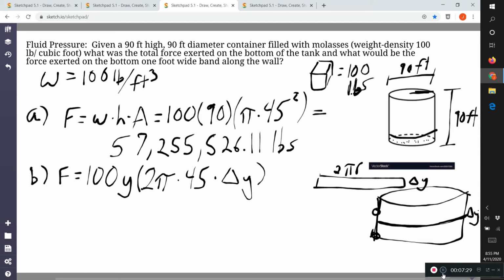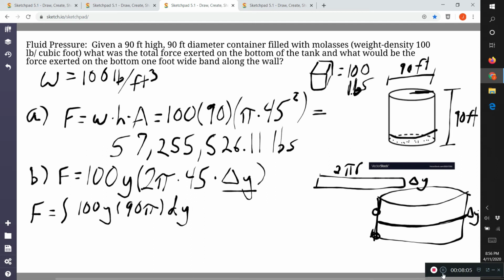Because remember, if you visualize it, if you go around and take that band off, that thin ribbon, and cut it, you could turn it into a rectangle. And the distance around the circle, the circumference, would be the length of that rectangle. Because it has a delta y, we're going to use calculus. So our force becomes an integral of 100y times 90 pi, just simplified there, dy.